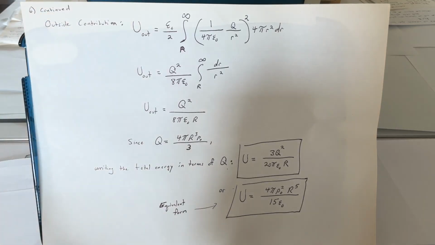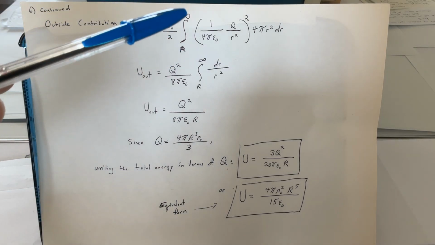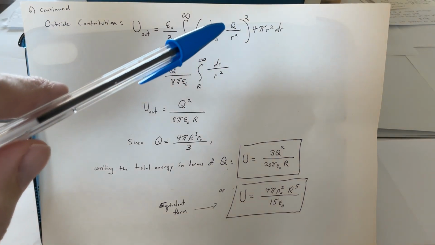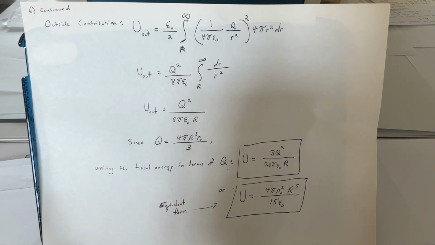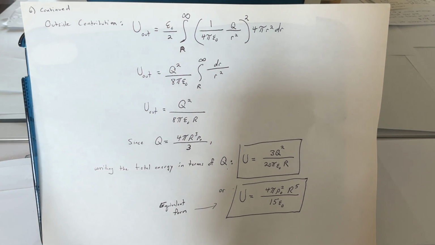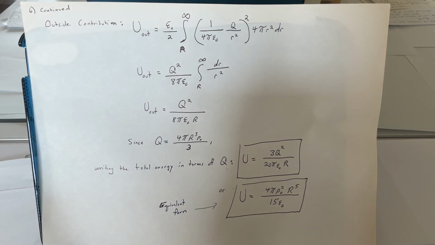The outside contribution, U out, we get epsilon naught over 2 integral from R to infinity of the quantity 1 over 4 pi epsilon naught Q over r squared, squared, times 4 pi r squared dr. Well, simplifying this, U out is going to equal Q squared over 8 pi epsilon naught integral from R to infinity of dr over r squared. So evaluating that, U out would be Q squared over 8 pi epsilon naught times capital R.